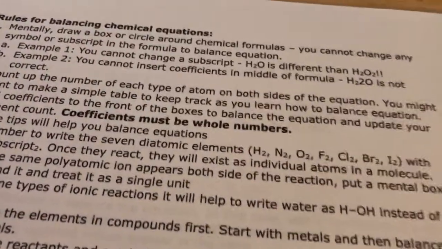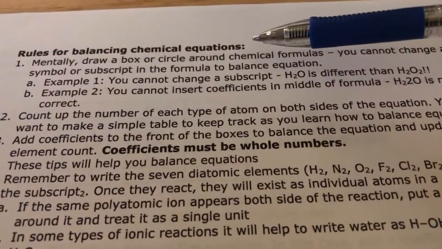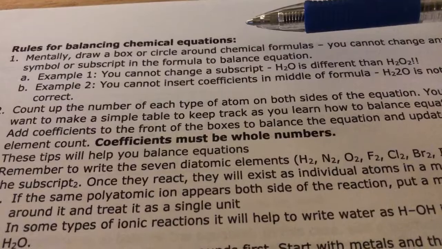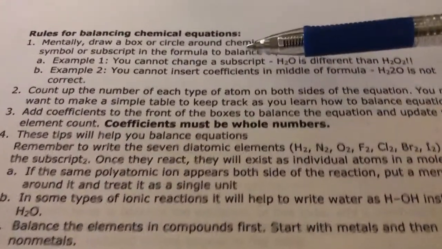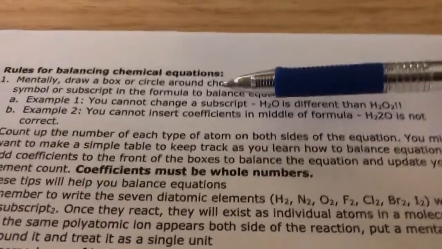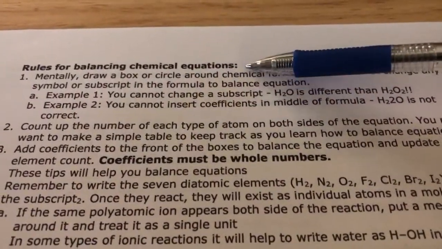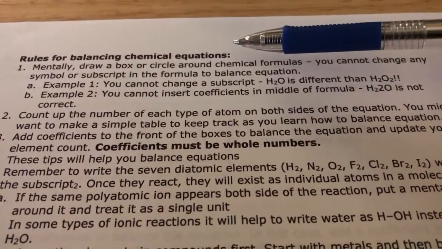Okay. Now, if you go to page 2 of the handout, there are some rules for balancing chemical equations. I would like for you to read through these. Pause if you need to. If you would prefer to read them on your own, I'm just going to highlight.